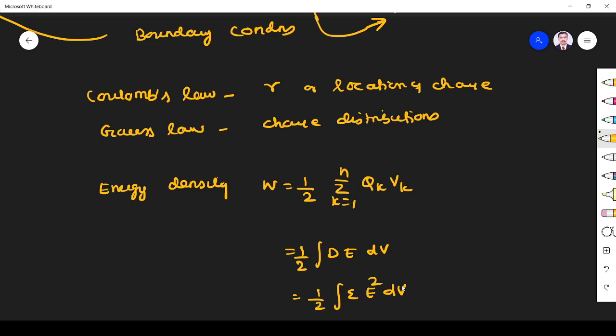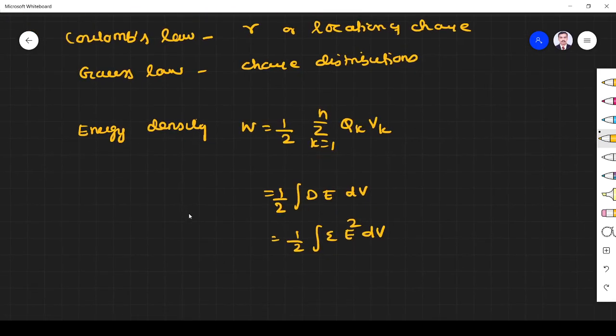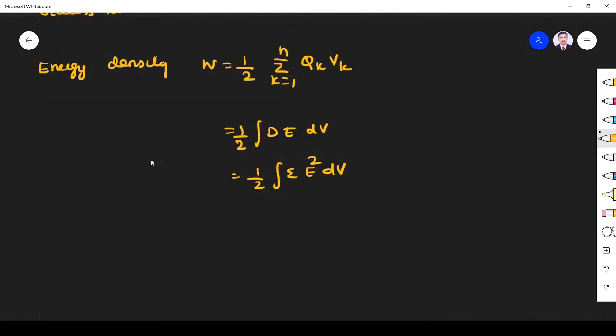Clear? Another important point we must remember is how electric field is related to current. Current density J is equal to sigma E. Fine. So J is current density. This equation relates current density and electric field.